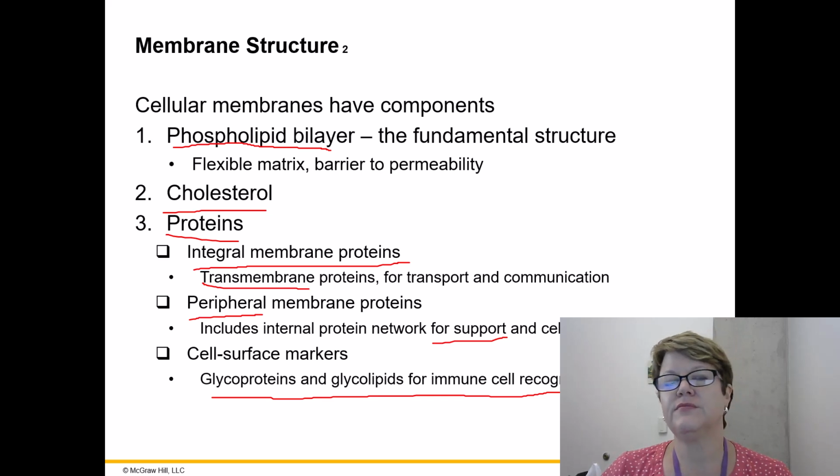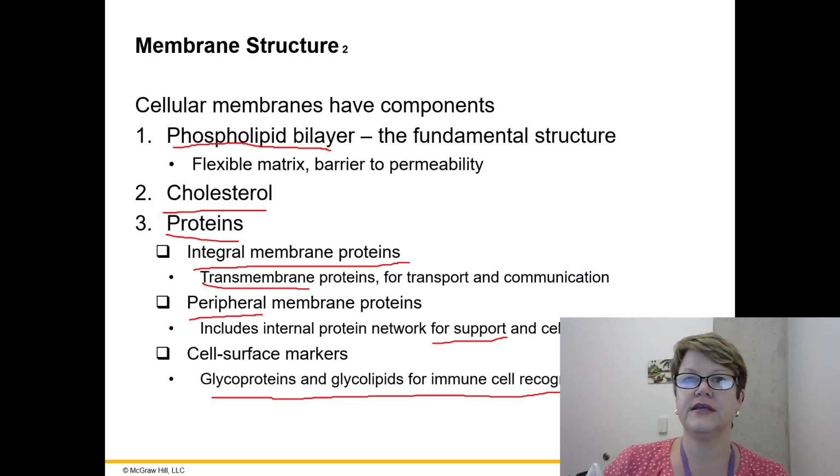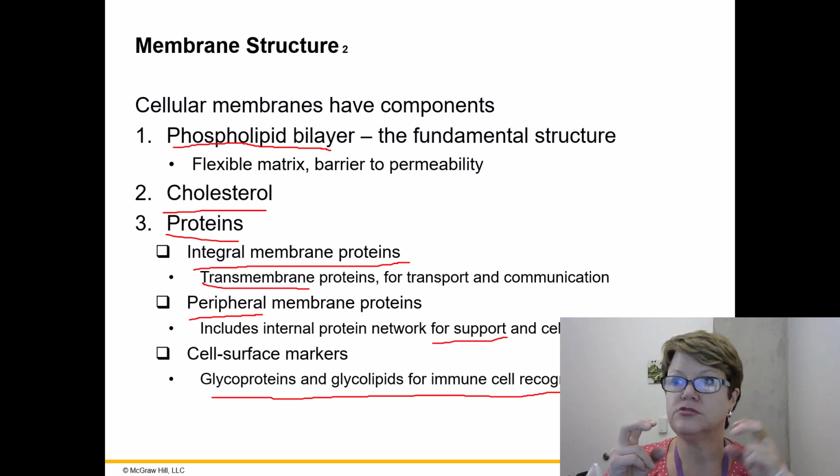And so that's fundamentally why if you get a transplant, like an organ transplant, they say you have to match. You have to find a donor who has a match. And what that match means is they have to have the same glycoproteins and glycolipids that you do.